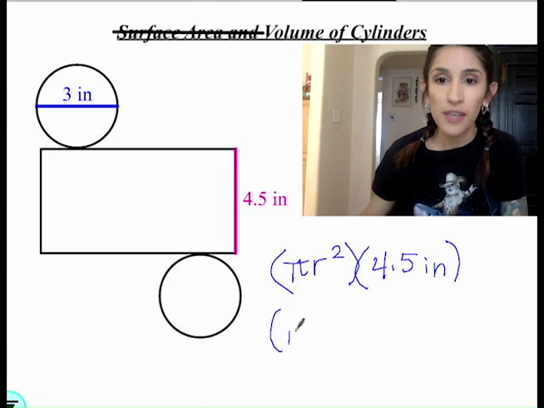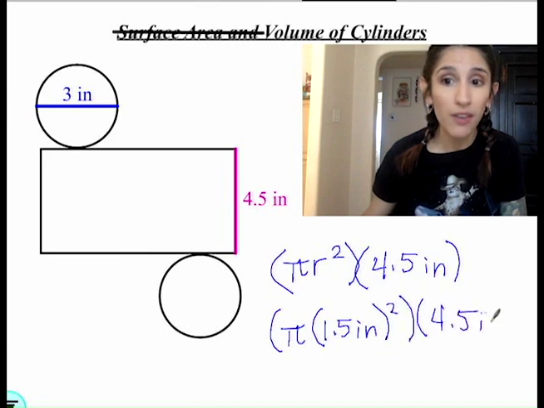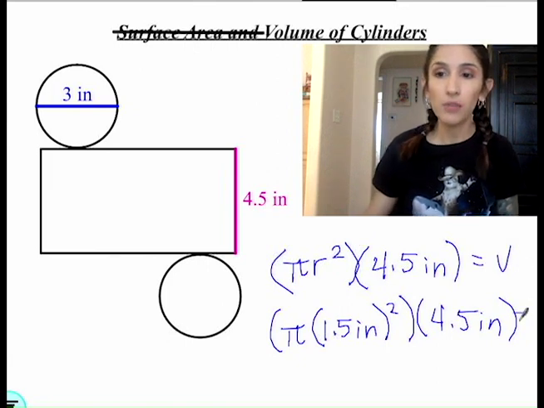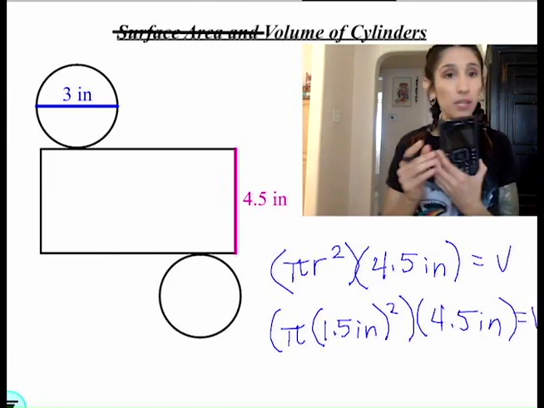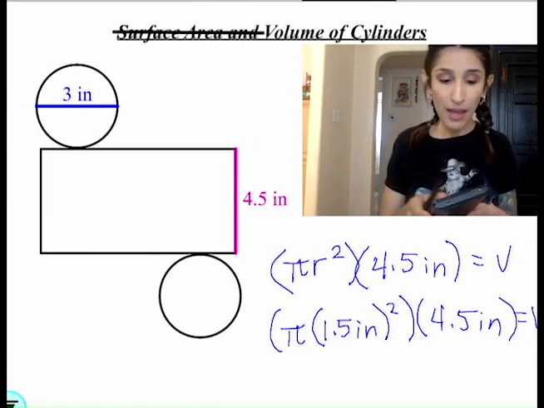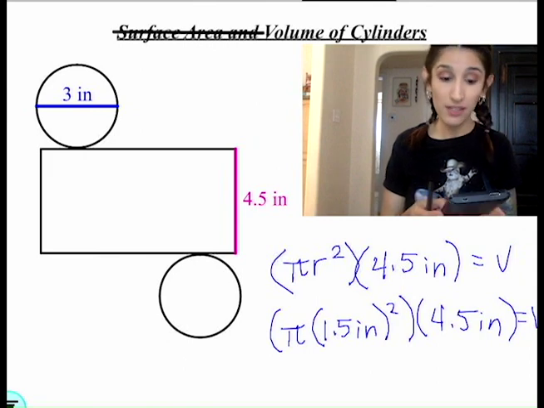So we'll say pi, my radius we said was 1.5 inches, squared, times the 4.5 inches. And this is the volume. So now I'm going to take my calculator and multiply all of those together. So I've got pi times 1.5 squared times 4.5.